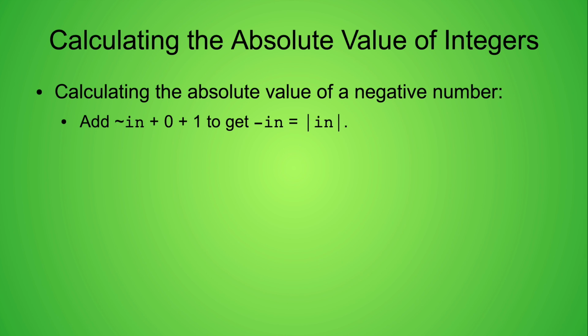The adder then computes the sum of the 1's complement of n plus 0 plus 1 and returns the result in out. Of course, the value of out is the 2's complement of the input value n, and by definition, this is the absolute value of n when n is a negative number.